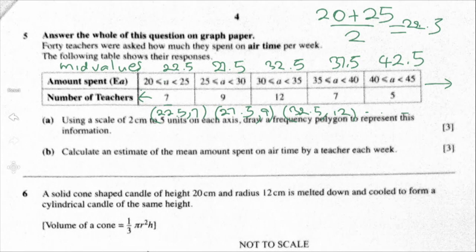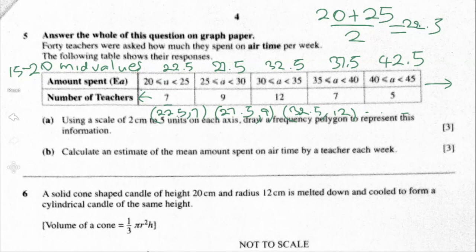So below the group 20 to 25, we can add another group, which is 15 to 20.